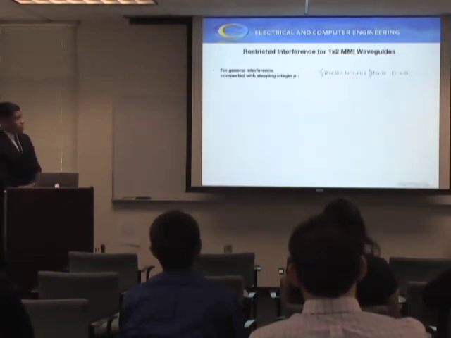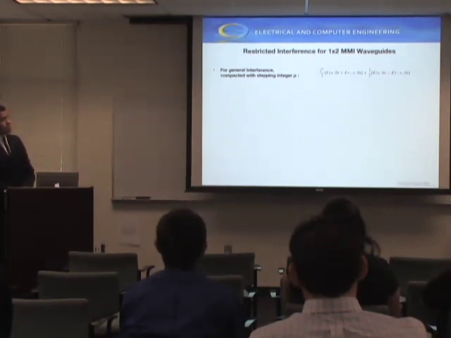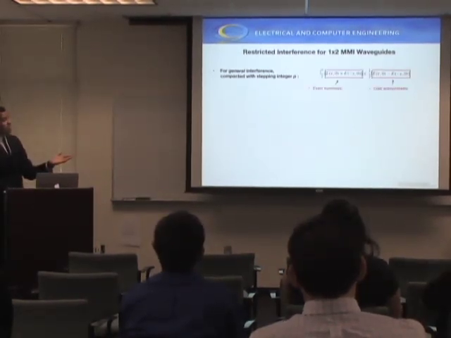So if we look at this case and introduce a stepping integer p that will step through 4 unique self-imaging lengths at quarter distances, we can simplify this and get an analytical expression for our self-imaging length here.